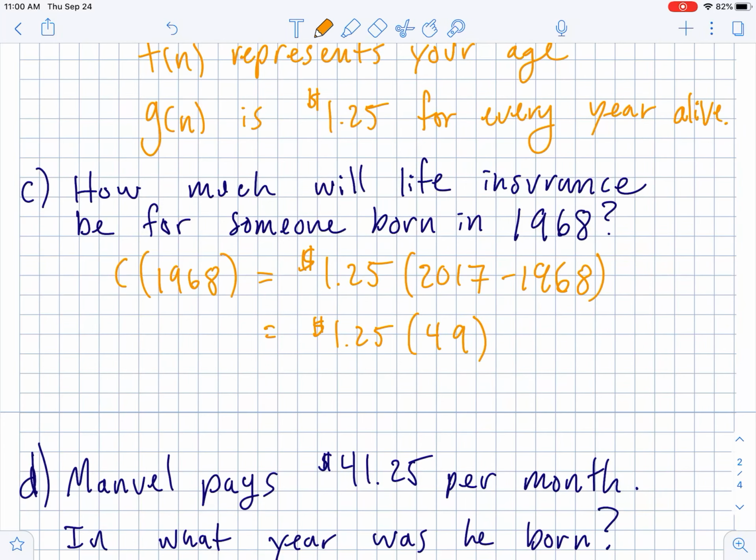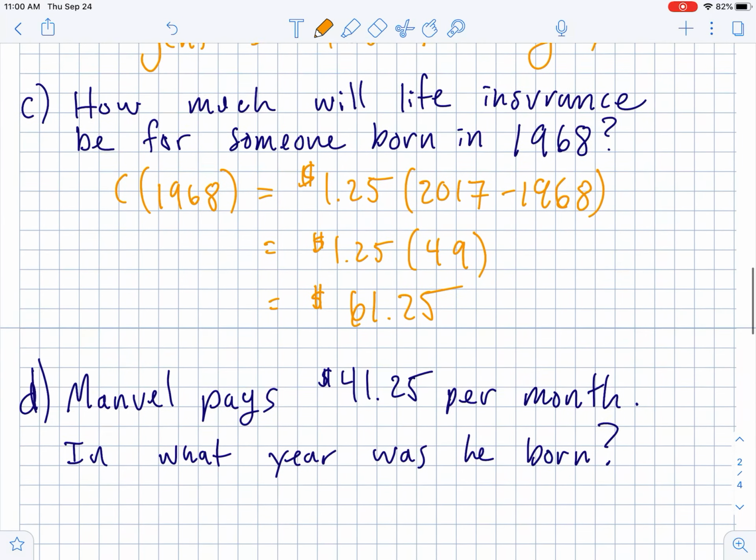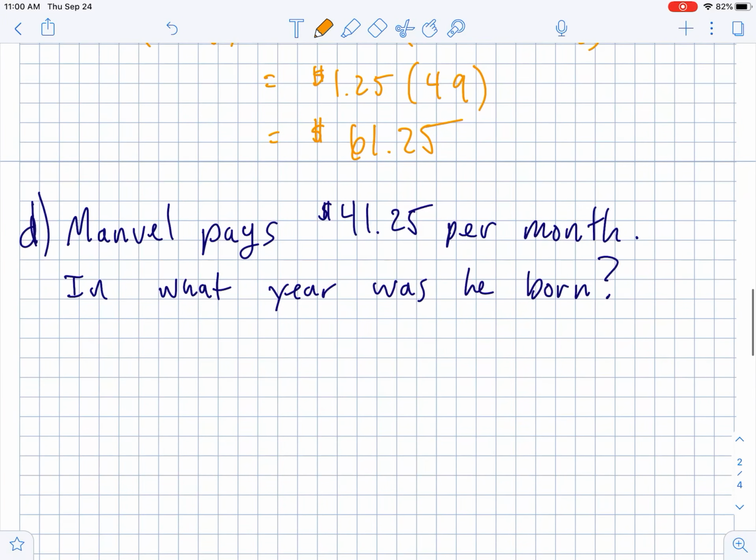Then multiply that times $1.25. So the older you are, the more life insurance costs. So $1.25 times that 49 means that this person is going to pay $61.25 for life insurance per month, which is actually not bad, I think.